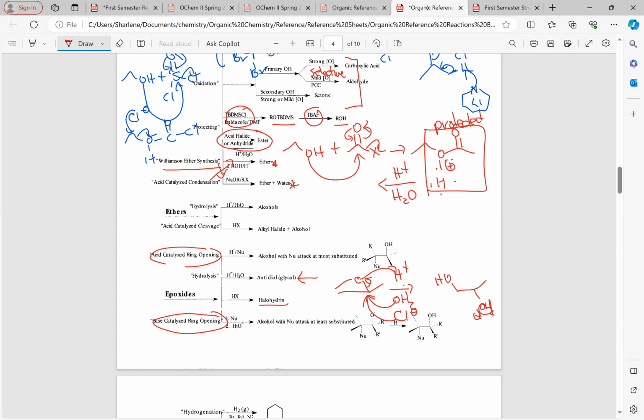Well, what about ethers? Okay, it has a lone pair, so you can convert it into a good leaving group. And guess what? If you have an alcohol or water floating around, you'd kick off that good leaving group and you would go back to your alcohols.